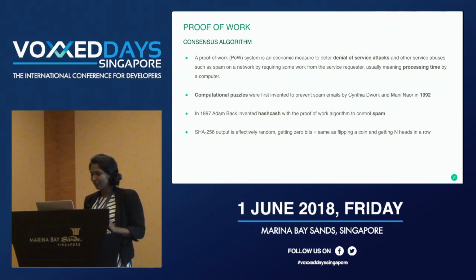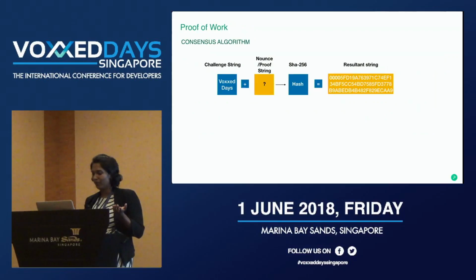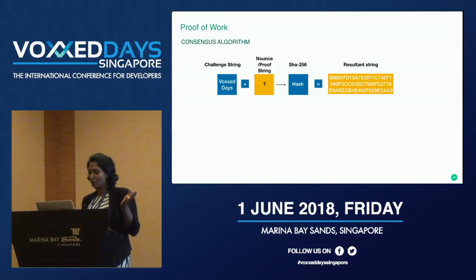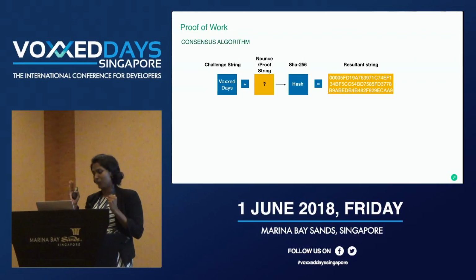Let's see an example of how it works. For instance, let's imagine that you want to store the string Voxxed into your cluster. What you do is take the challenge string and then find a proof string that satisfies the resultant string's mathematical criteria. In this case, the first 4 bits of the string should start with a 0.